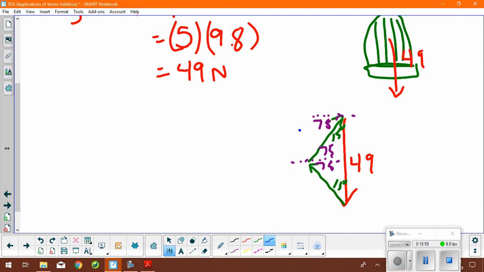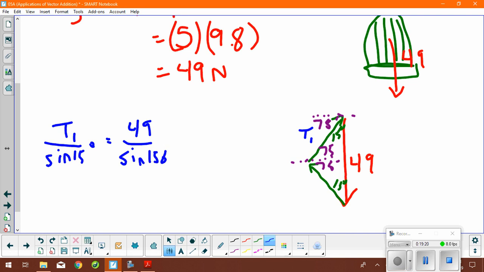So maybe I'll label this tension 1 up here. So to solve for tension 1, it's sine law. So my tension over the sine of 15 degrees equals 49 newtons over the sine of 150 degrees.